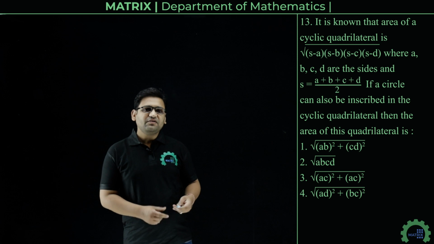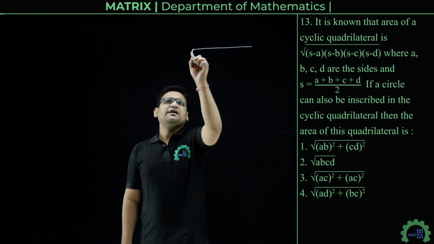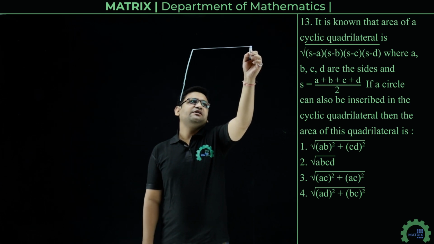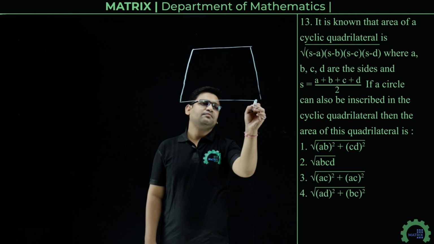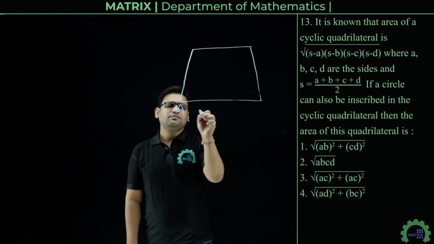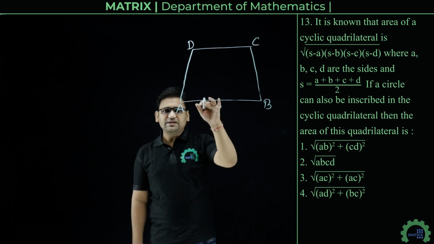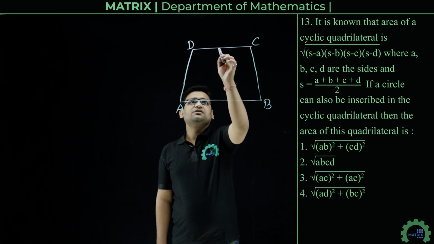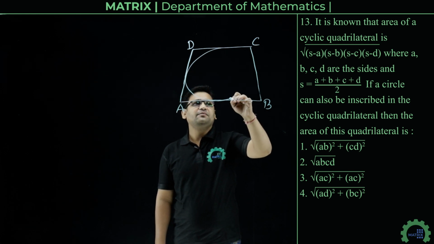So first of all, we will draw a cyclic quadrilateral ABCD. Let's say this is a cyclic quadrilateral ABCD, and a circle is inscribed in this quadrilateral. Let's say this is the circle which is inscribed.